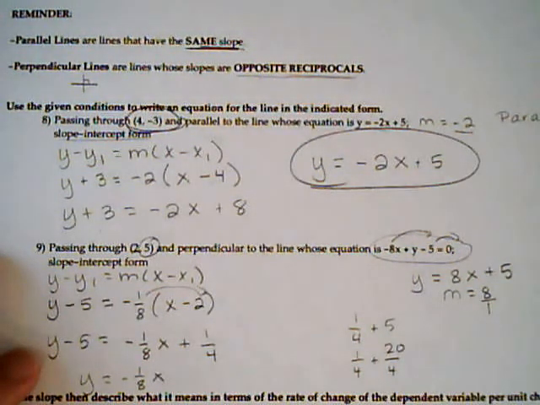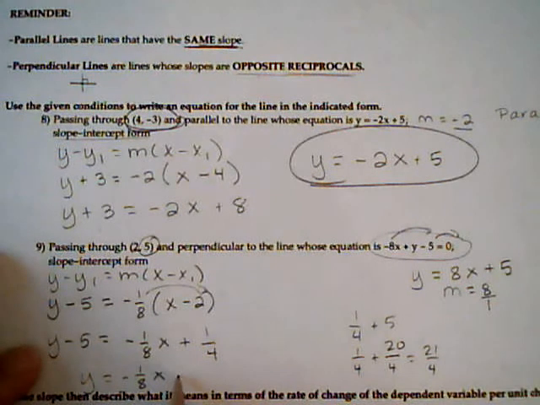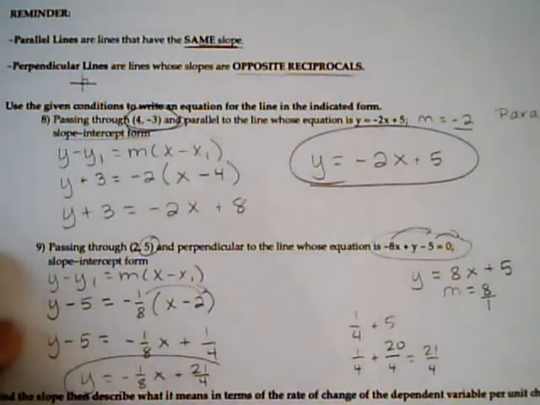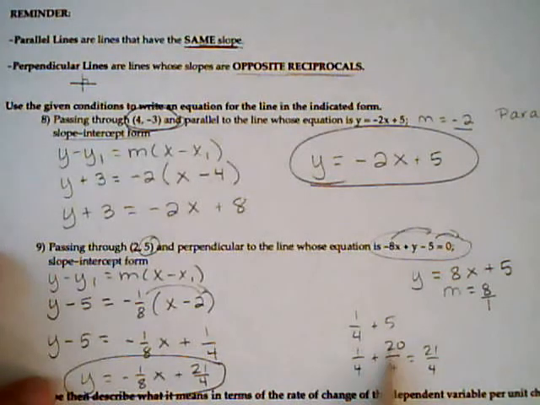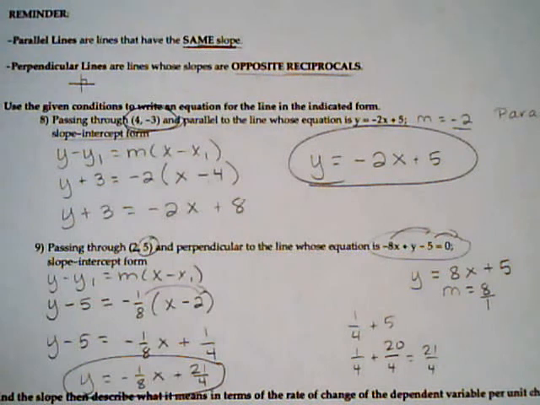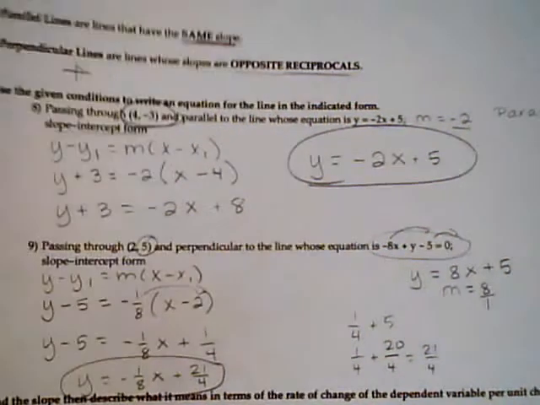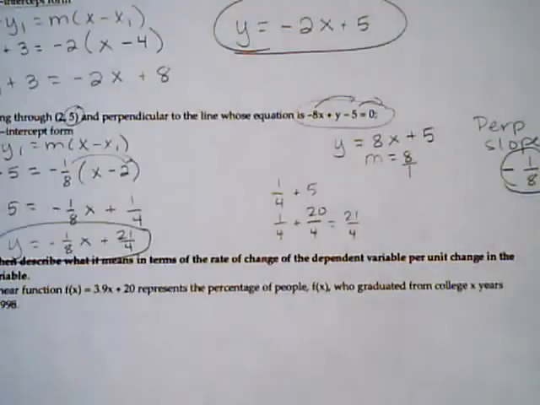Get a common denominator, so that would be 21/4. So that's what we need to have here as our b value. I just found a common denominator of 4, and so my answer would be y equals -1/8x plus 21 over 4.